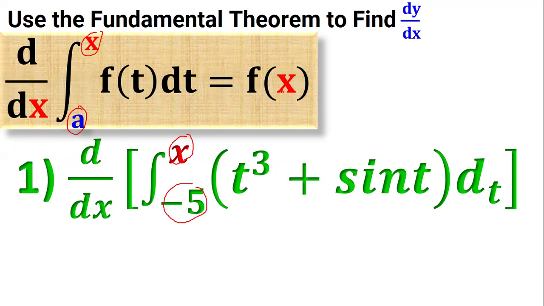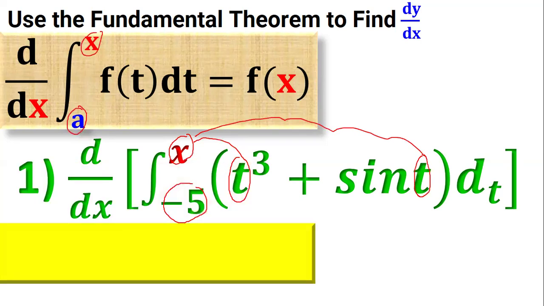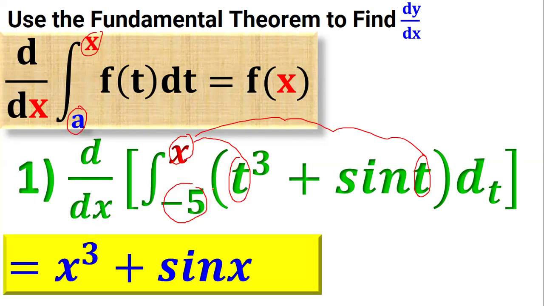So by applying this rule, we just express the function in terms of x, meaning we replace t by x. So t will be replaced by x. If you do so, the final answer will be x to the power of 3 plus sine of x.